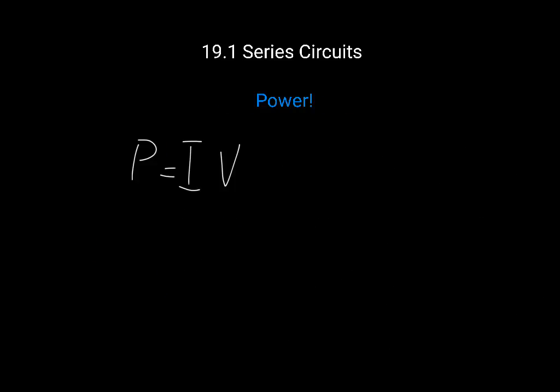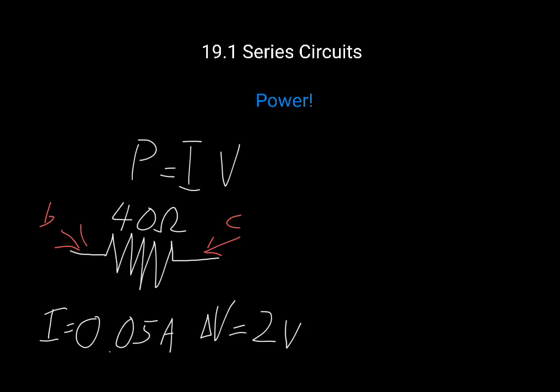Now, power is going to be really easy because we've already calculated everything we need to calculate power. If we zoom in on that 40 ohm resistor that we had before, and we look at what our current and our voltage is, we know that the voltage drop, so our change in voltage from B to C, is going to be 2 volts, and our current is going to be 0.05 amps.